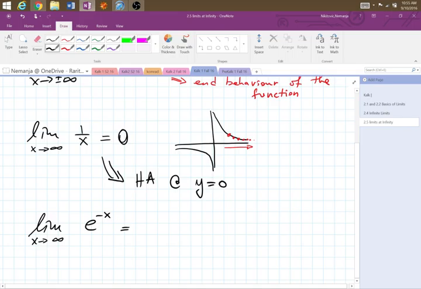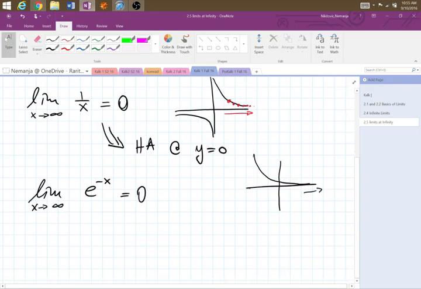There are two ways we can think about this. One way, obviously, is to draw the graph. That's the decay graph, and we can see that as we go to positive infinity, it goes to 0. We can also rewrite this as the limit as x goes to infinity of 1 over e to the x. Using algebra, negative exponents push the term into the denominator.